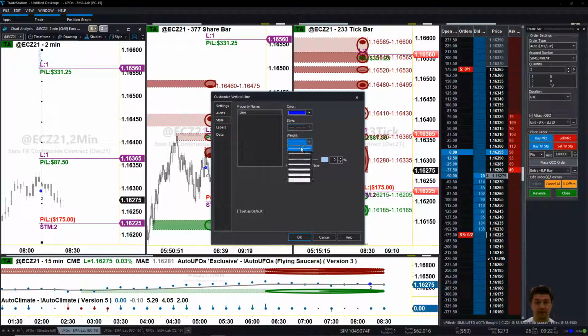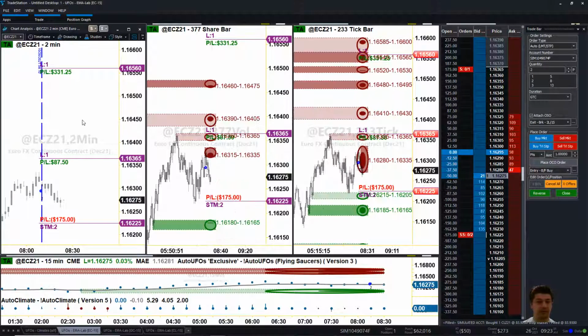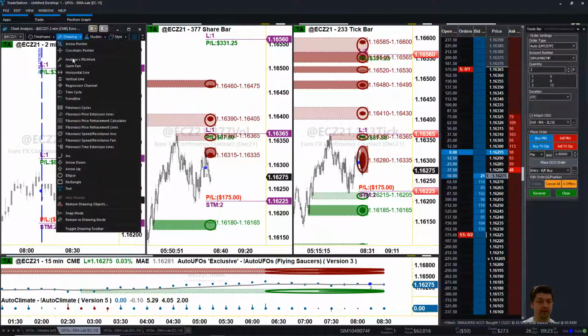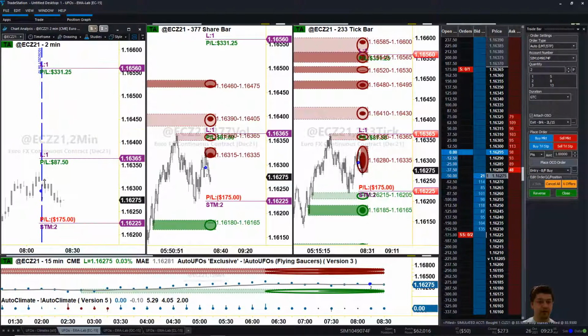Actually, like this one a little bit heavier. Set that as a default. Okay, and let's put the vertical line here. So 1, 2, 3. This is where our time stop would have hit. I'm just not applying that rule right now because it's pre-market hours, especially with this one. Things are just moving sideways.